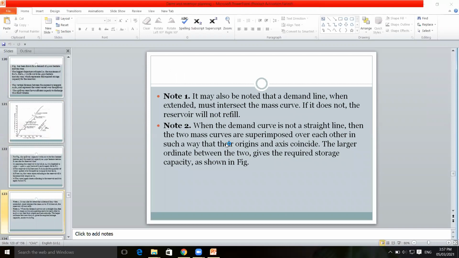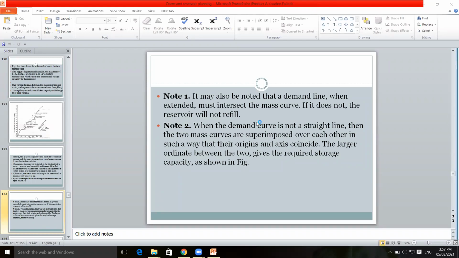This is the determination of reservoir capacity from the demand line. Some notes are given. Note 1: the demand line, when extended, must intersect the mass curve. If it does not, the reservoir will not refill.